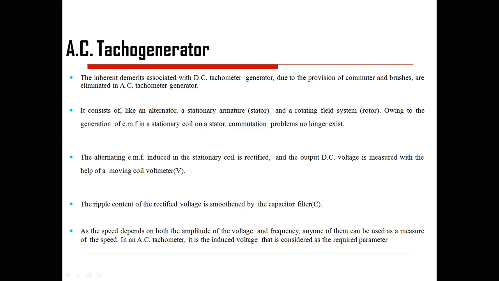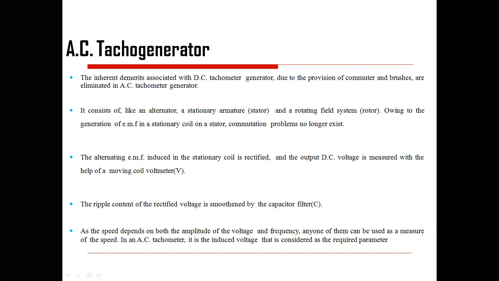So that particular problem of commutation, which was present in the DC tacho generator, is solved. The alternating EMF induced in the stationary coil is rectified, and the output DC voltage is measured with the help of a moving coil voltmeter.